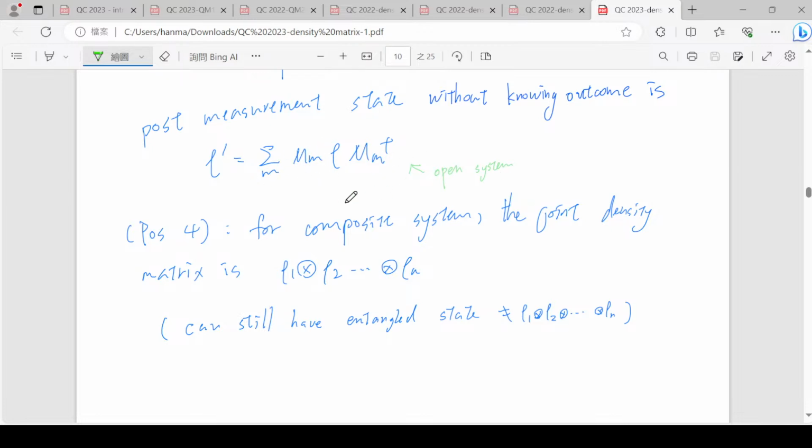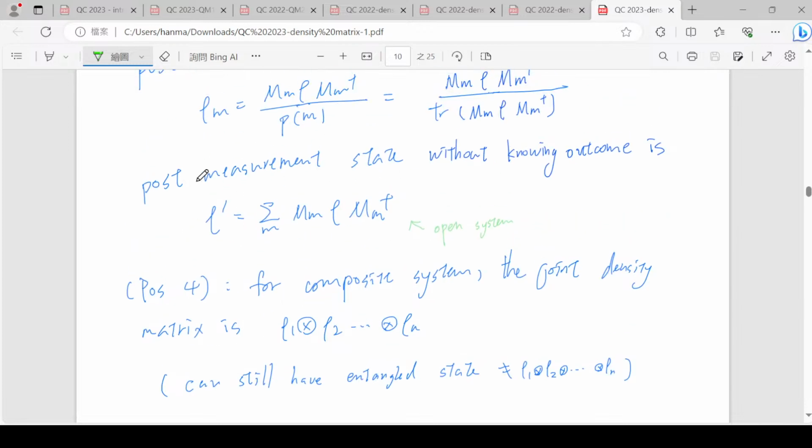This is what happens in an open system, but we will not go into detail. This is what we know as you do a measurement and forget the outcome, and your state becomes this thing.